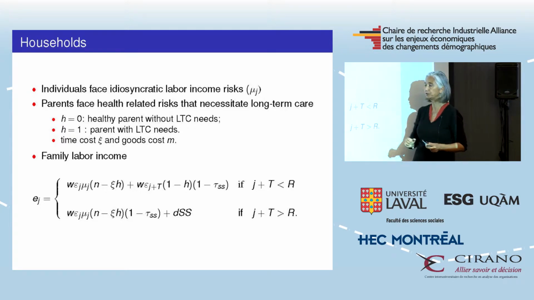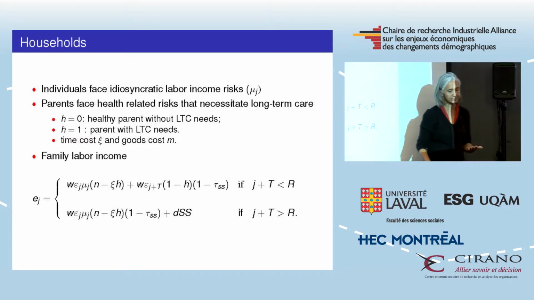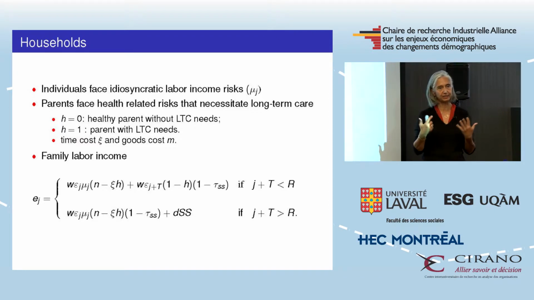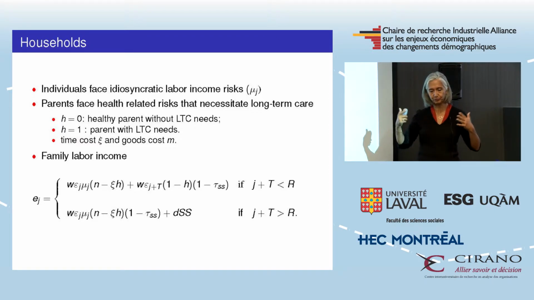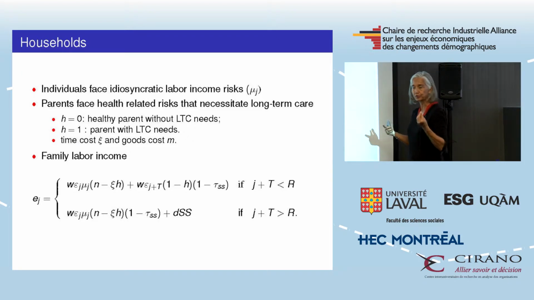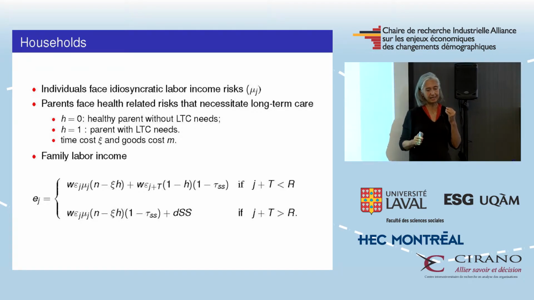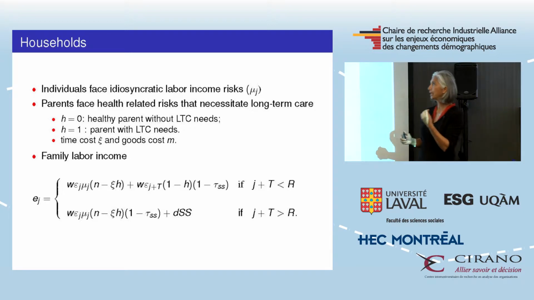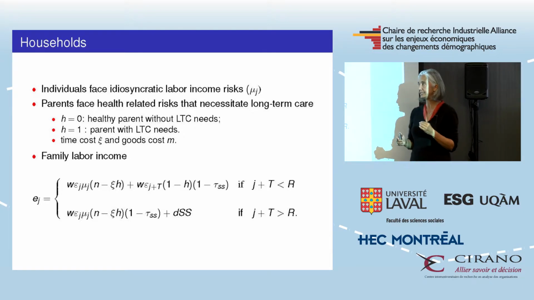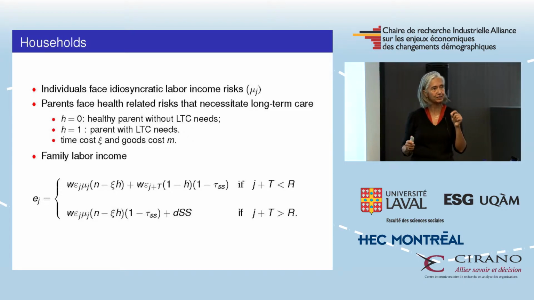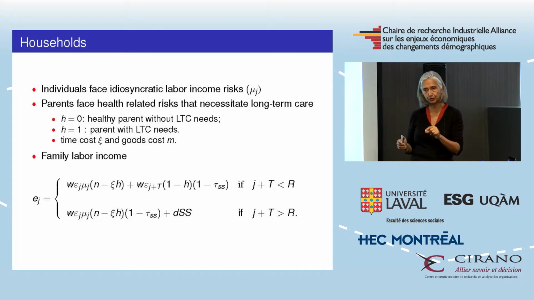But then parents are going to face these health-related risks. In general, we could have modeled more of the medical risks that they face, but we're focusing on this long-term care risk because that's the one that really needs their children to help them with. A long-term care need is a need where the parent is really in need of someone who can help them in the house.